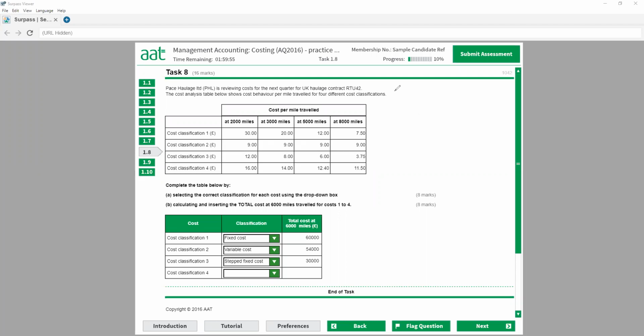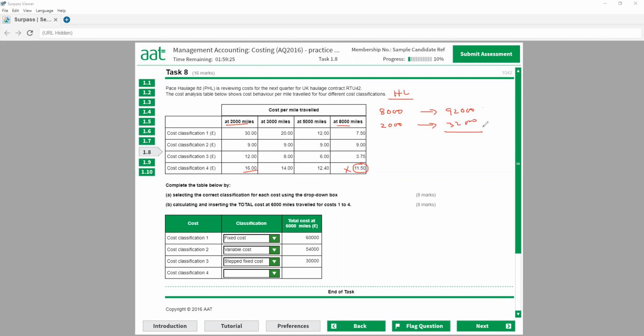So let's do the high-low method. In the high-low method, we'll take the higher unit, that is 8,000, and the higher cost. So 8,000 times 11.50, that will give you 92,000. I'll take the lower unit, 2,000, and the lower cost, 2,000 times 16, 32,000.